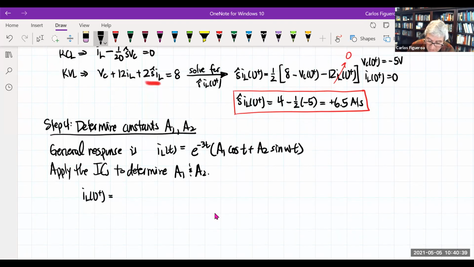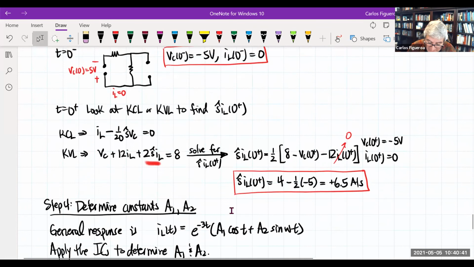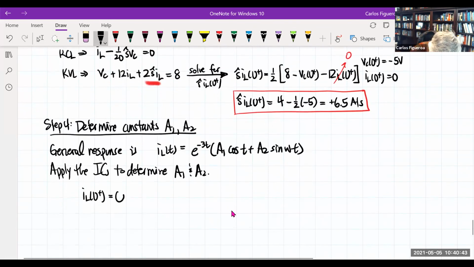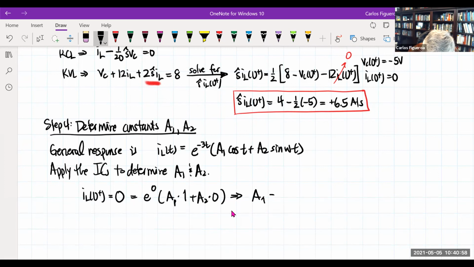Well, we already said that guy is 0. So we know this is 0. So then this means that I get e to the 0 times A1 times 1 plus A2 plus 0. So this immediately tells us that A1 must be 0. Okay, so that simplifies things.